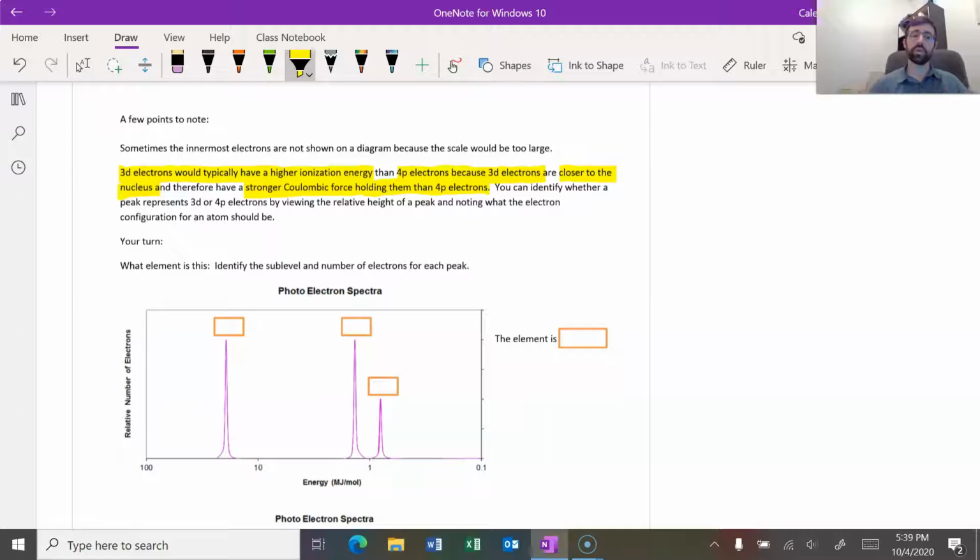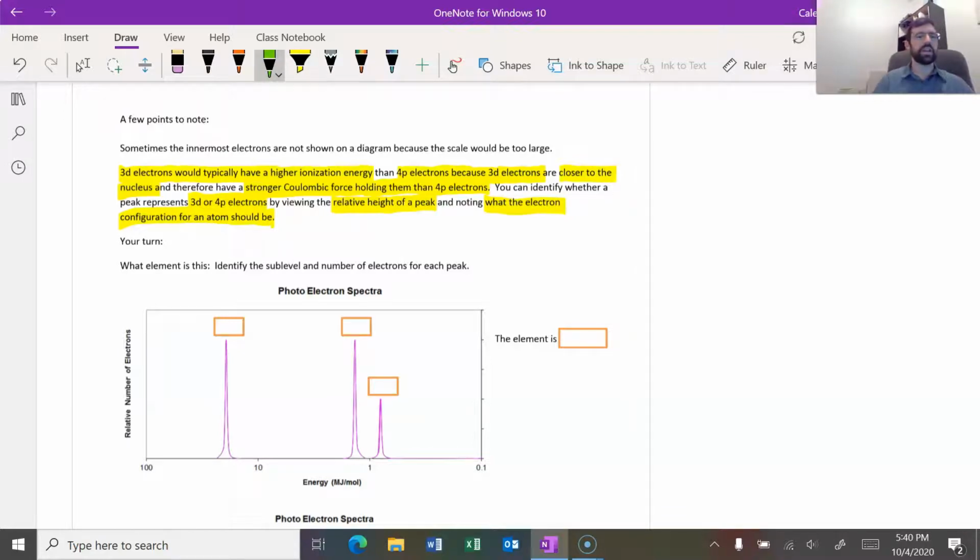So typically the 3d electrons have a higher coulombic force of attraction, so they're going to have a higher ionization energy than 4p. That's what we're saying here. You can identify whether a peak represents 3d or 4p electrons by viewing the relative height of a peak and noting what the electron configuration of the atom should be. So if you know how many electrons it has, you can pretty well identify what that atom should be.